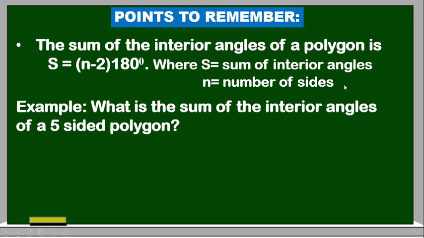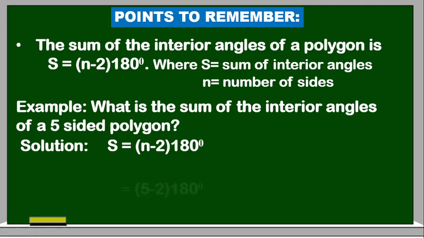For example, what is the sum of the interior angles of a five-sided polygon? For our solution, you will start with the formula of the sum of the interior angles. S is equal to (n − 2) multiplied by 180 degrees. The number of sides is 5.